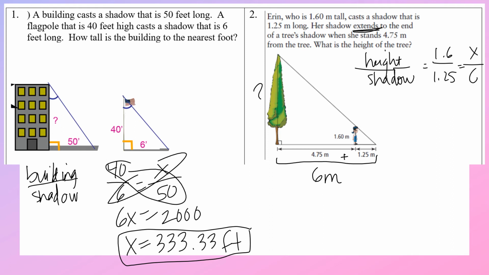The shadow length is 6, and then you're just going to go ahead and cross multiply. 1.25 times x is 1.25x, and then that equals 1.6 times 6, which is 9.6. And then you would divide both sides by 1.25, and you would get x equals 7.68 meters.